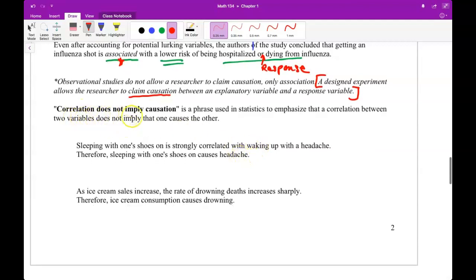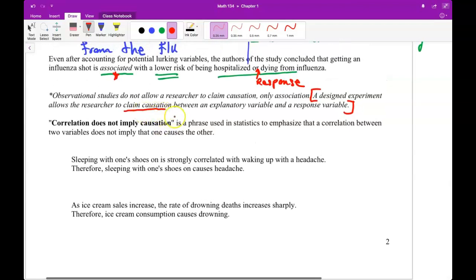Okay, here: correlation doesn't imply causation. Even if there was a relationship between the explanatory variable and the response variable, that doesn't mean the explanatory variable is affecting or causing the outcome. Those variables may not be the main reason for what the response variable is.